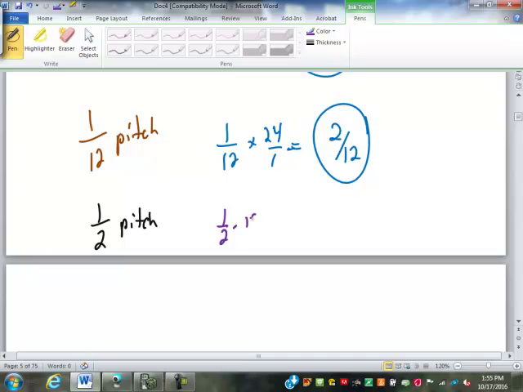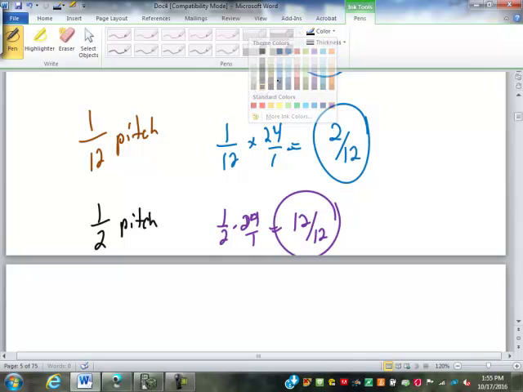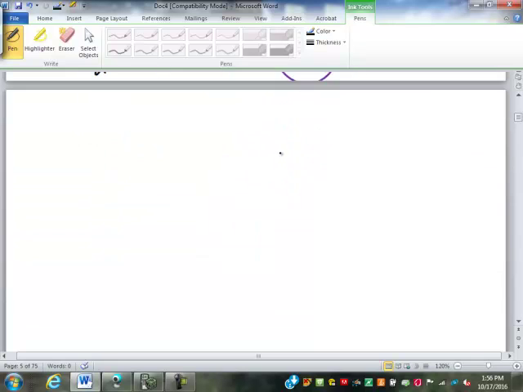Perfect, yes. 1/2 times 24 is 12. So it's a 12/12 slope. That part doesn't look so bad. So let's take a little bit of a review.